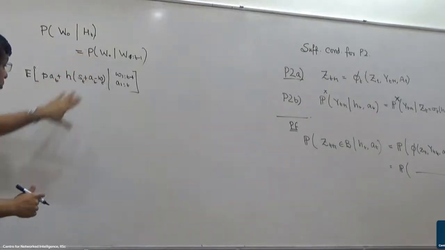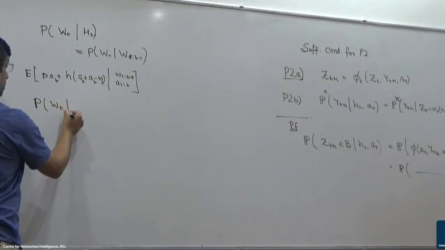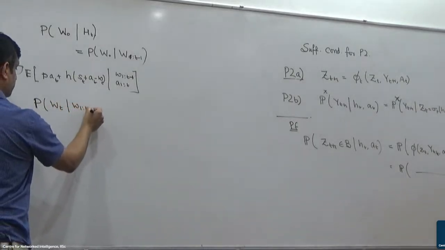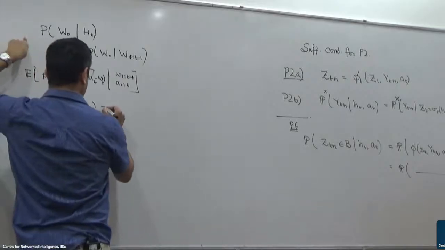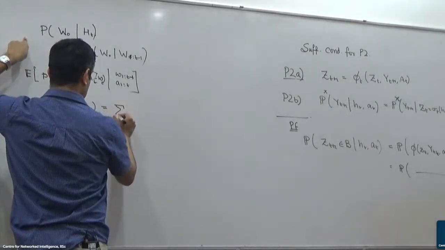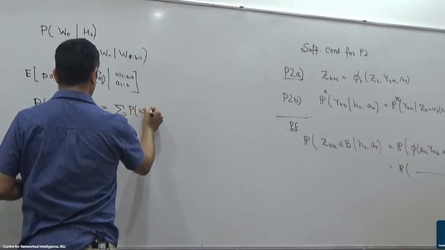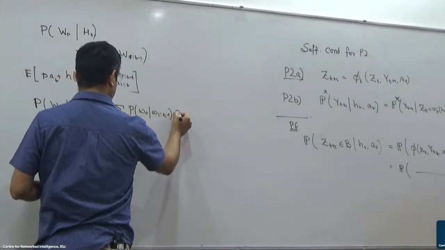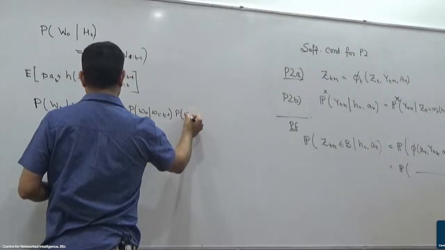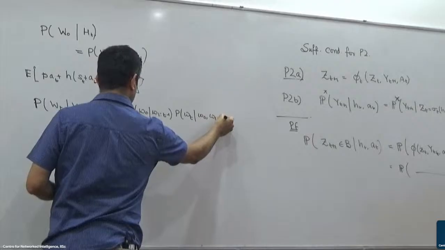So, to compute this expectation, I need to know the probability of WT conditioned on W1 to T minus 1. And therefore, if I have this belief, I can just use Bayes' rule. First I can use the law of total probability: this is the probability of W0 conditioned on W1 to T minus 1, and then the probability of WT conditioned on W0, W1 to T minus 1.